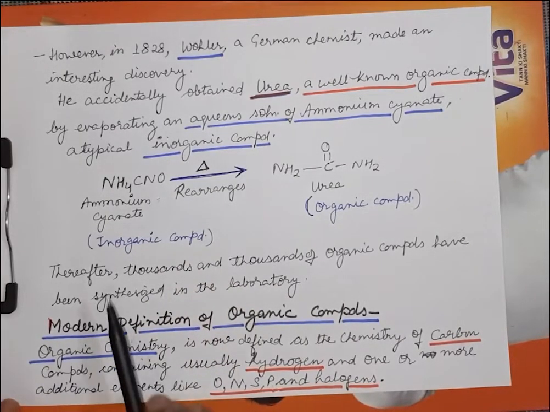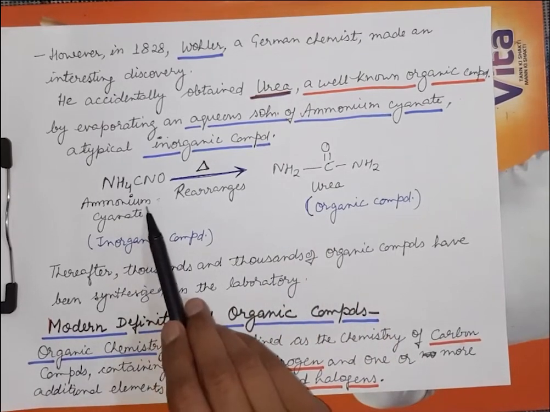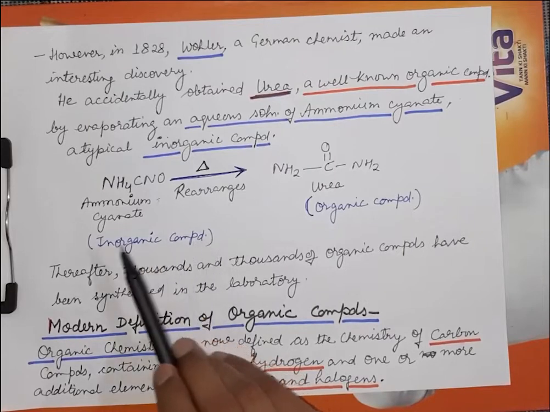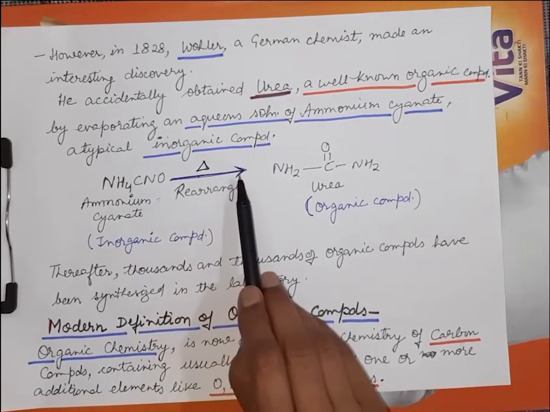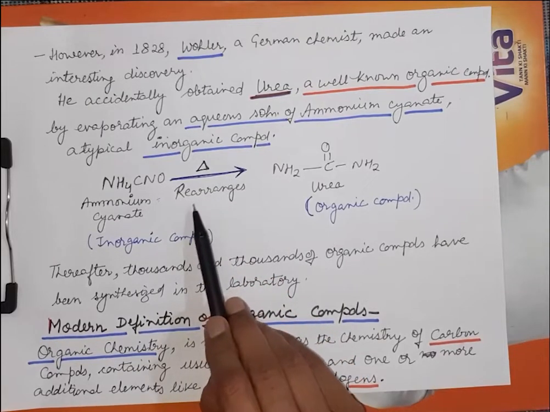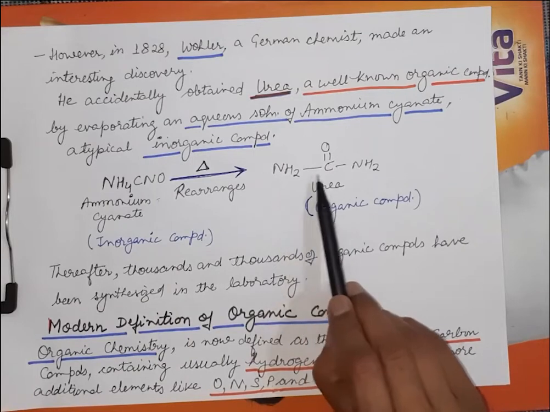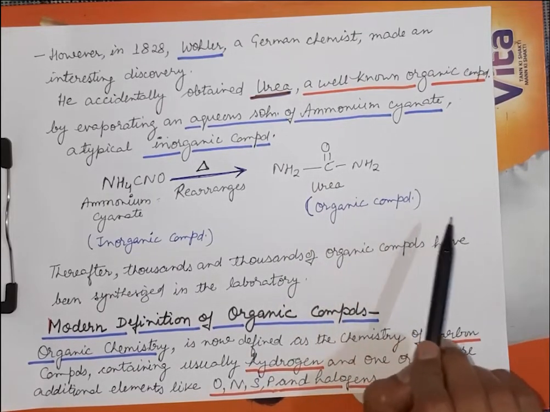We can show this by the reaction: this is ammonium cyanate, the inorganic compound, NH4CNO. When it is heated, it gets rearranged to urea, which is NH2CONH2, and this urea is the organic compound.